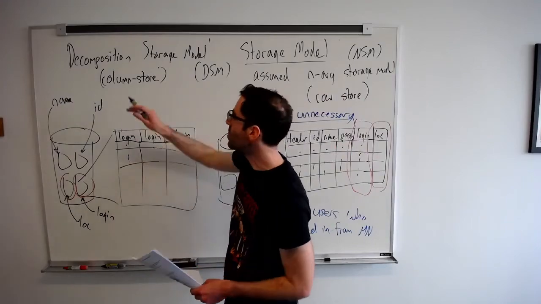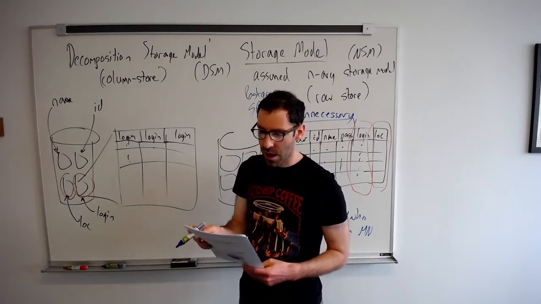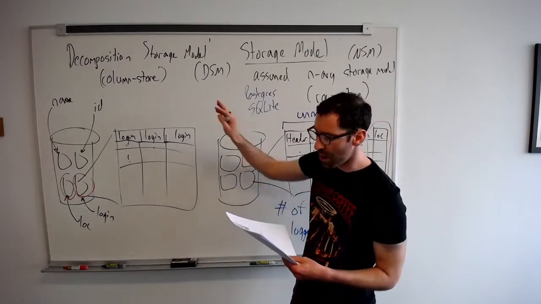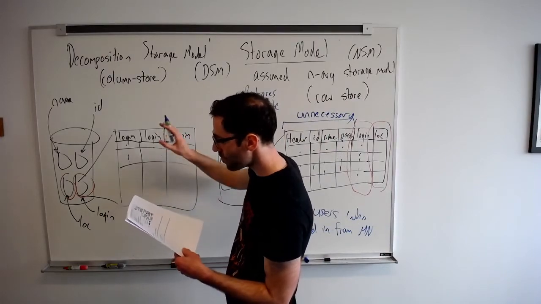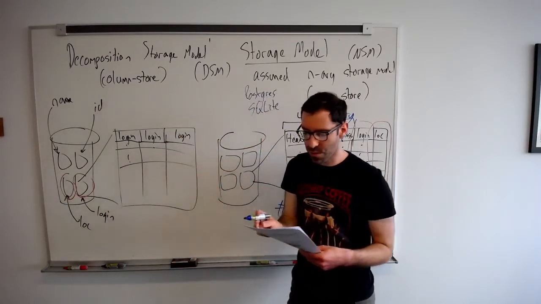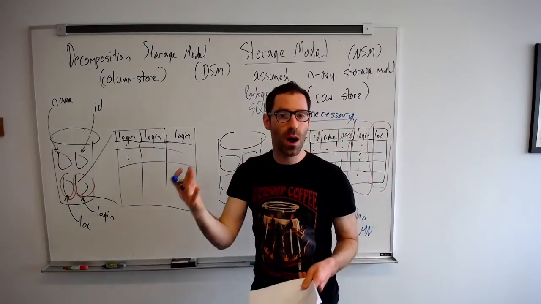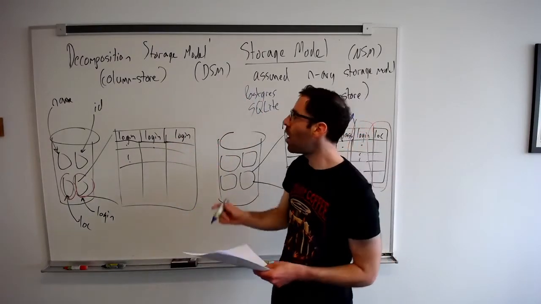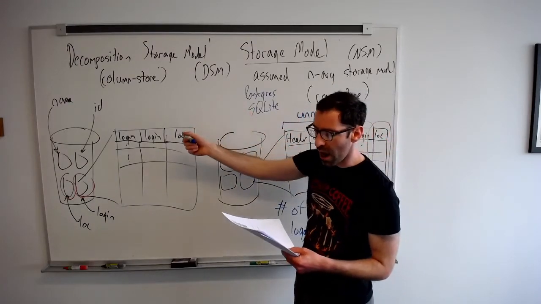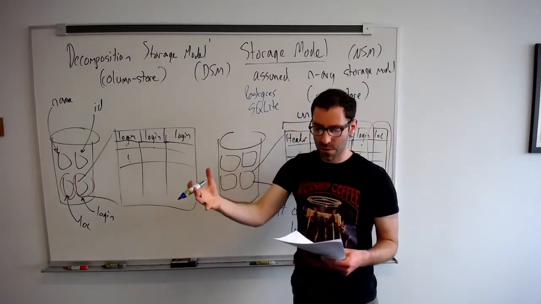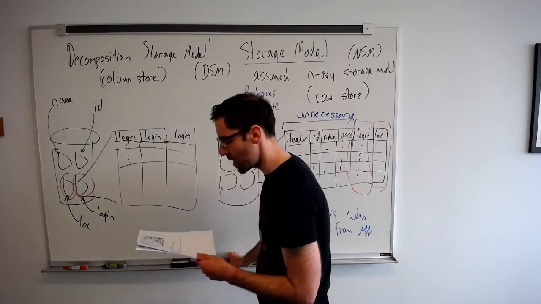Whereas for column stores, there is a fairly long history of this, but it's become more and more common, and now modern enterprise systems often support both the row store and the column store. You can tell the database how to store specific data.